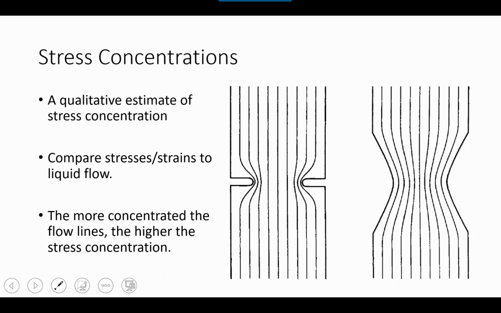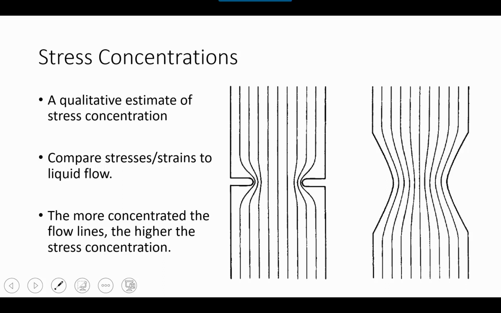Now, there is another approach that we can use to qualitatively assess the effect of a stress concentration. It works mostly for very simple loading, but it can help us to do design thinking and figure out how to maybe mitigate stress concentrations.